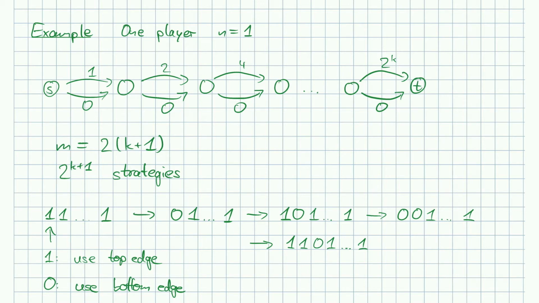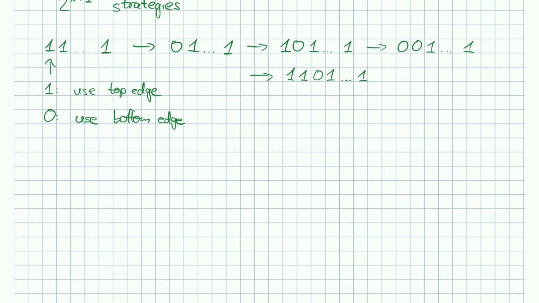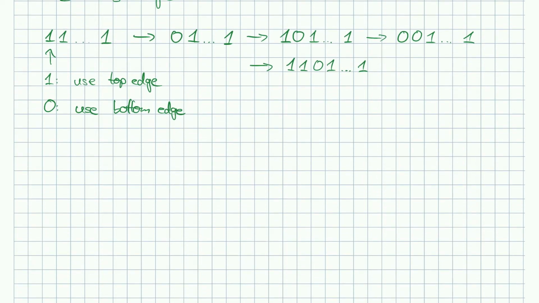So how long will the sequence be? The initial cost is, as I was saying, 2 to the k plus 1 minus 1. We have an improvement of 1 in every step.